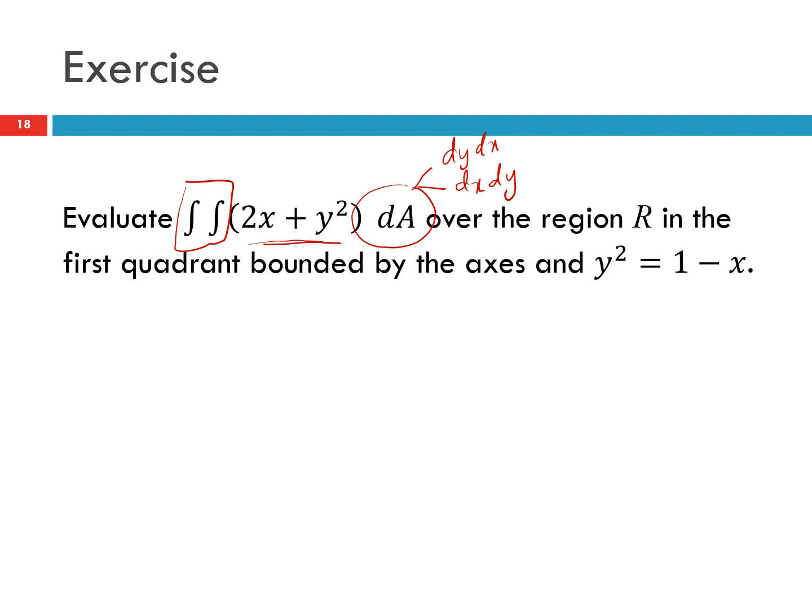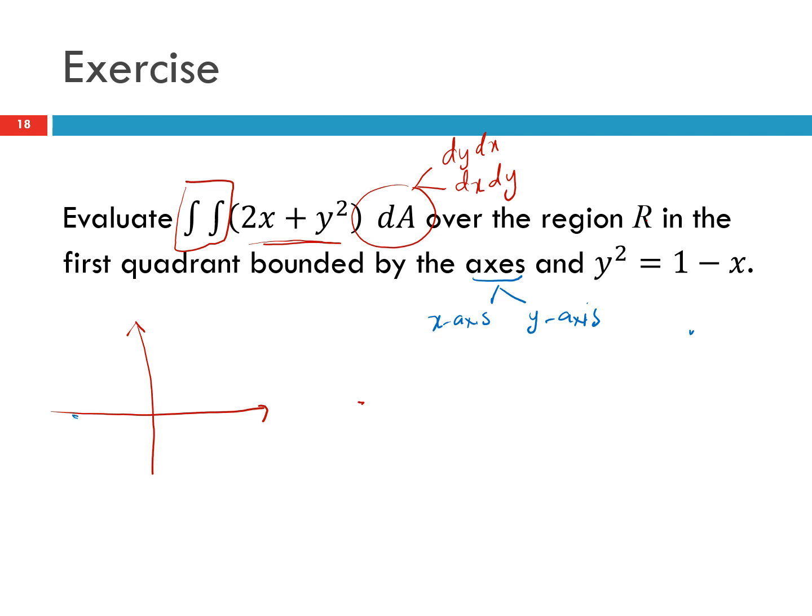First quadrant means that you have this one. This is the first quadrant. So it's bounded by the axes. Axes means you have the x-axis and also the y-axis.